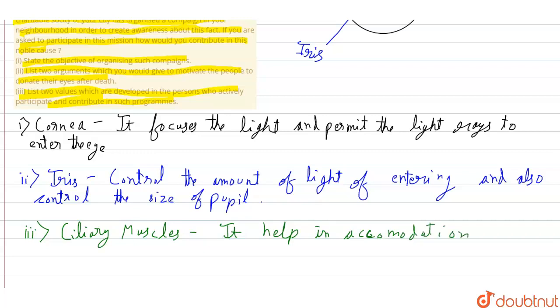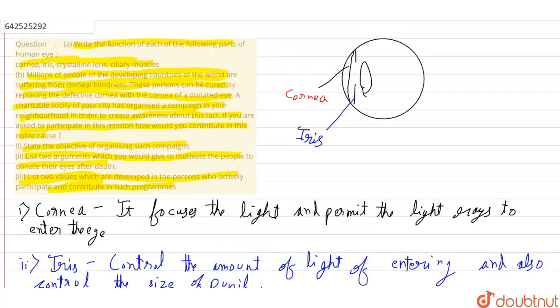So this is the function of the ciliary muscles, and the ciliary muscles are located here, at this point and at this point. So these are the ciliary muscles.